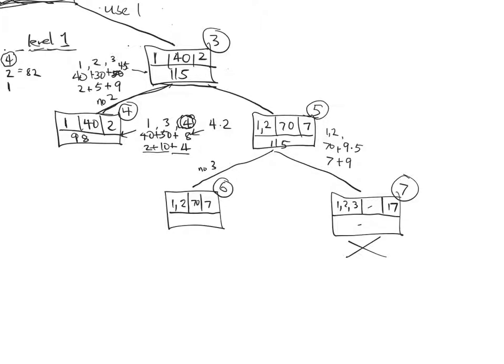But now if we go over to this node, what's its bound? We use 1 and 2, make $70 at 7 pounds, and then no 3, so we have to go on to part of 4. This 4 weighs 5 pounds. Oh, we can actually use all of 4. So all of 4 is $10 and weighs 5 pounds.